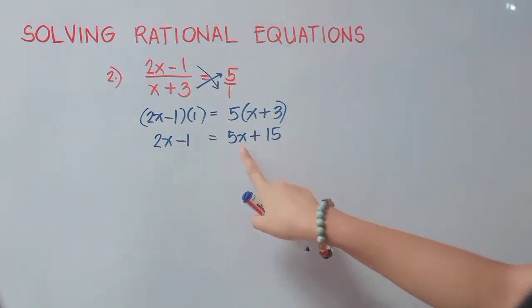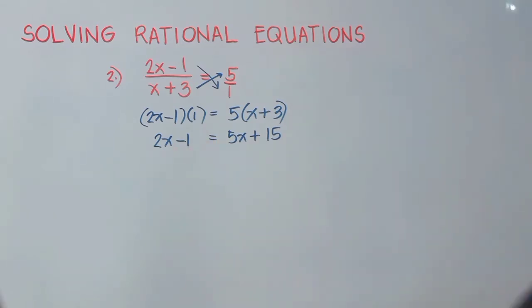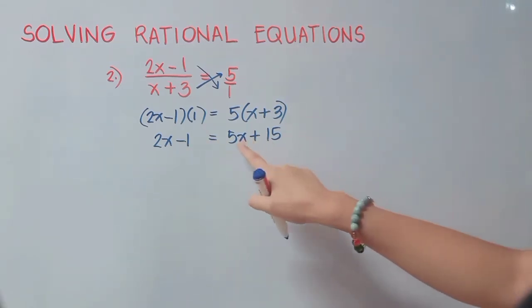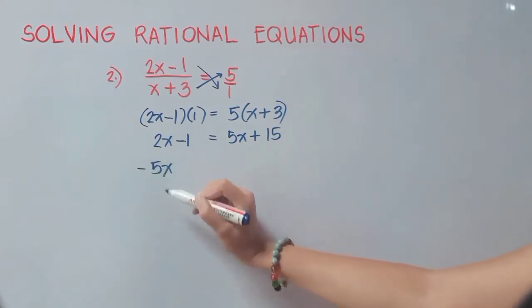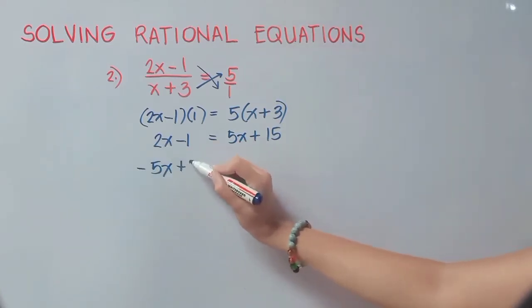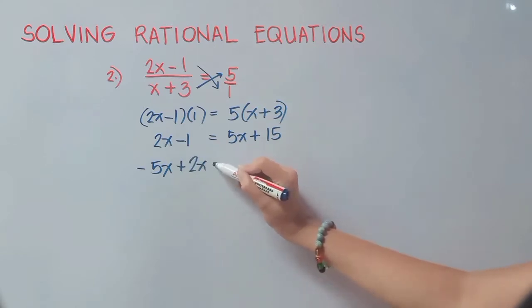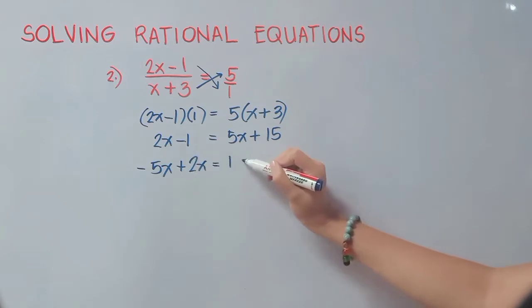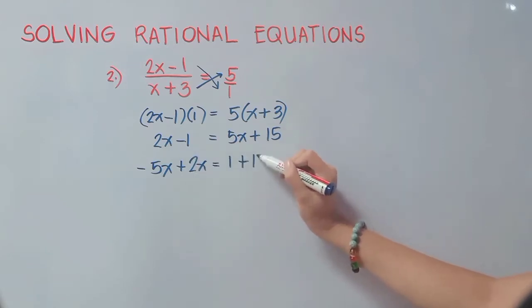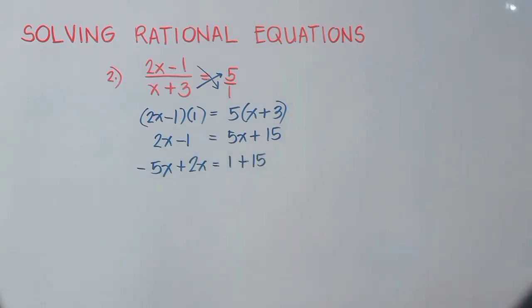Now we will place all variables on the left side. So we have here, from positive, it will become negative 5x, copy positive 2x is equal to, from negative 1 to positive 1, and then we will just copy positive 15.